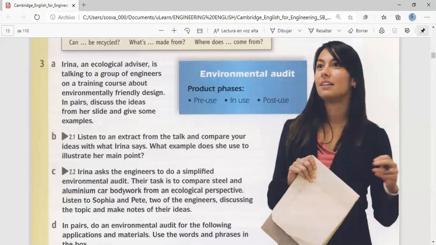As an example, if we compare traditional and energy-saving light bulbs, it's tempting to say energy-saving ones are better because they consume less energy. In fact, that's only part of the picture. That's just the in-use phase. You also need to consider the pre-use phase. In other words, the environmental impact of mining the materials used to make the bulbs, of transporting those materials to the factory, of manufacturing them, etc.